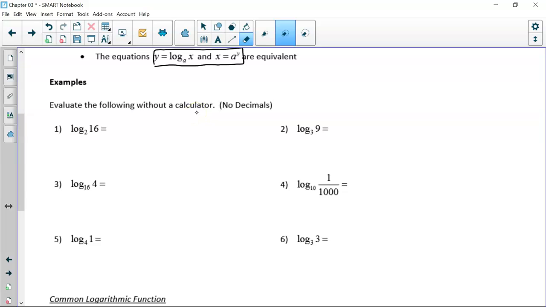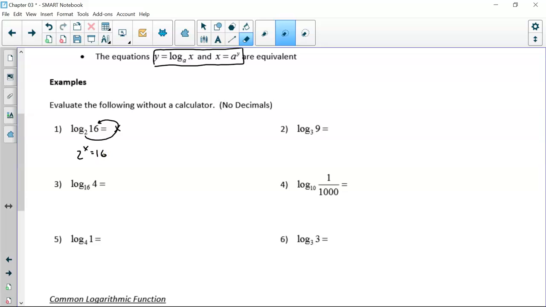Now, we don't need the calculator right now. What we're going to be doing is log base 2 of 16 equals, and I'm going to put an x here just to make things a little bit easier for us. A way we can rewrite this is take it from logarithmic form and write it in exponential form. We start at the base and draw a little swirl. So 2 to the power of x equals 16.